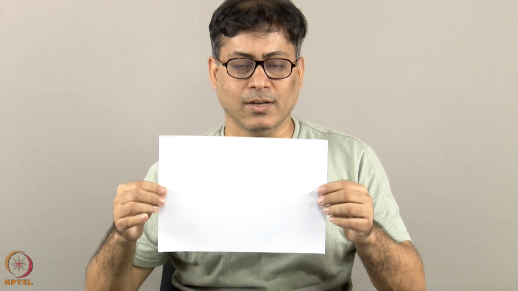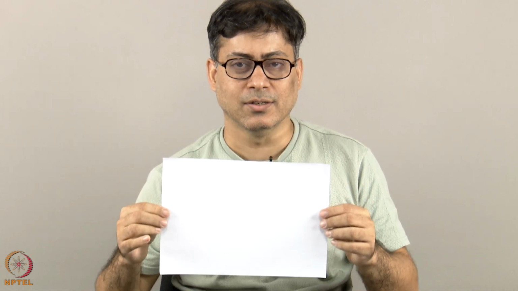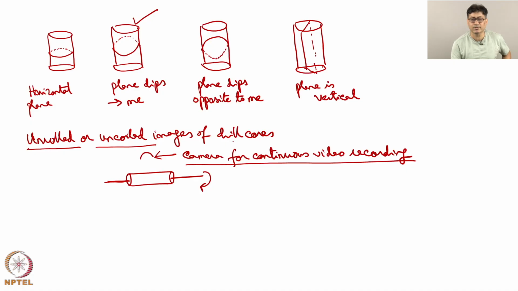It can be called a kind of projection, and this kind of uncoiled or unrolled tracing sheet will be the same as what I am talking about in terms of the unrolled or uncoiled images of the drill cores.